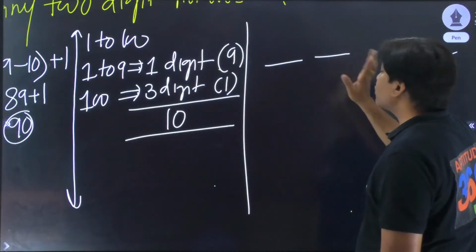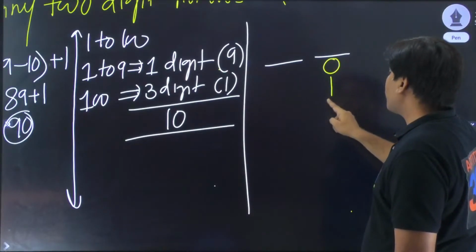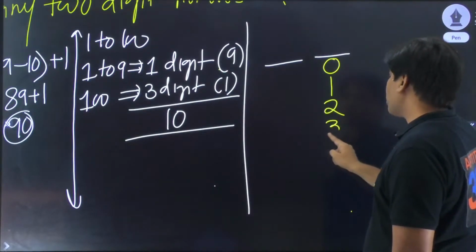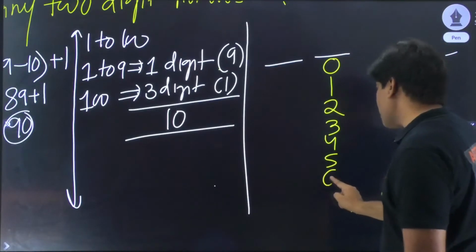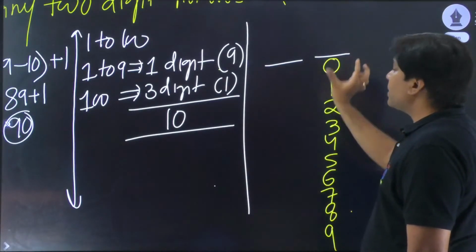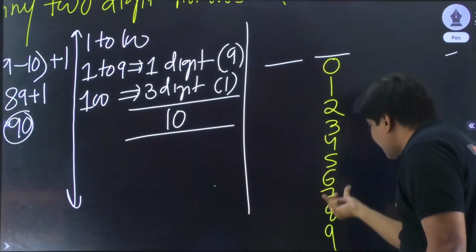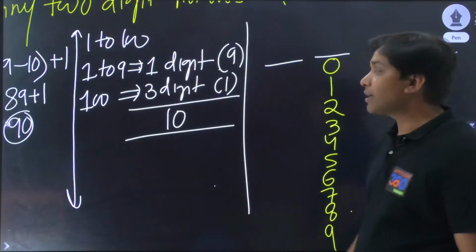So there is no such condition for the unit place. It can be 0 or 1 or 2 or 3 or 4 or 5 or 6 or 7 or 8 or 9. Unit place can be accommodated in how many ways? It can be accommodated in 10 ways, right?